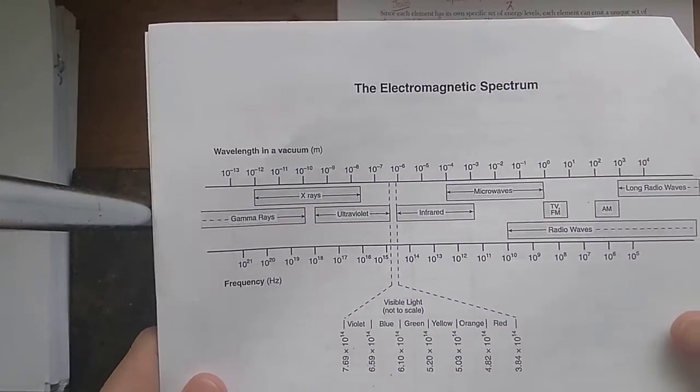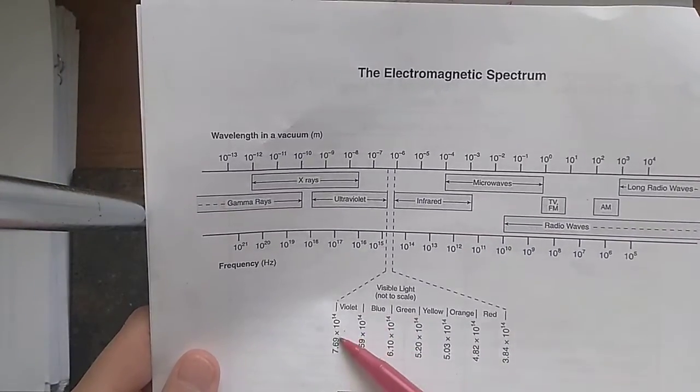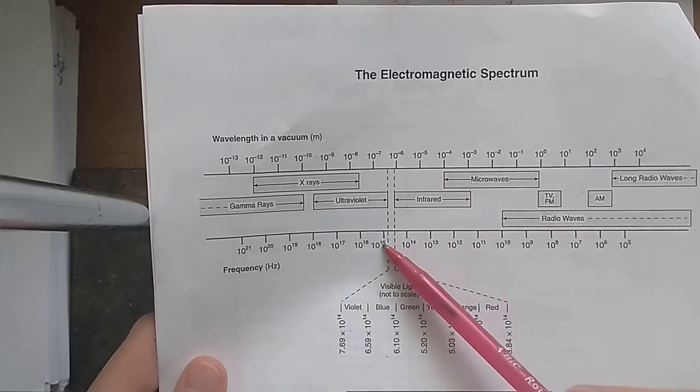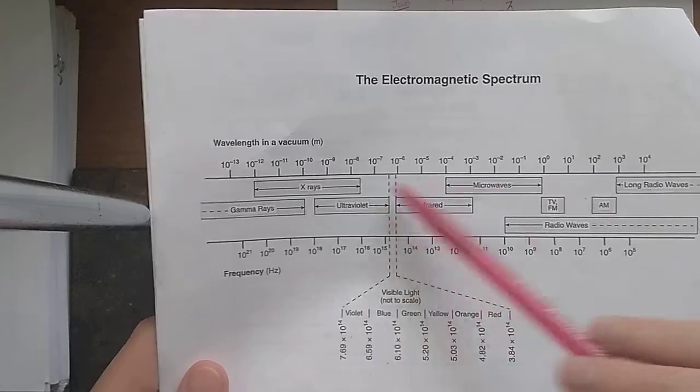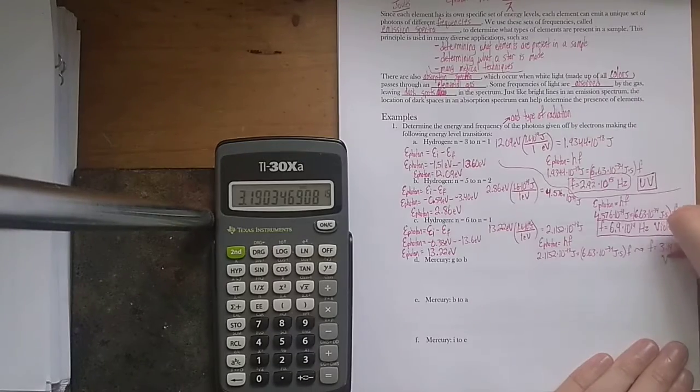We look at the electromagnetic spectrum diagram. That's very clearly greater than the upper bound for violet. 10 to the 15th is here. That's to the left of that. So we're somewhere in this range. That must be ultraviolet light.